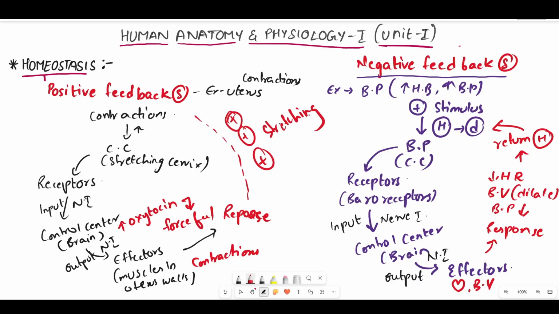Now when will the stretching get decreased? Only when the baby is born. Only when the baby birth happens, then the stretching will be reduced. If this happens, that is interrupting the cycle. So that is about the positive feedback system and the negative feedback system.